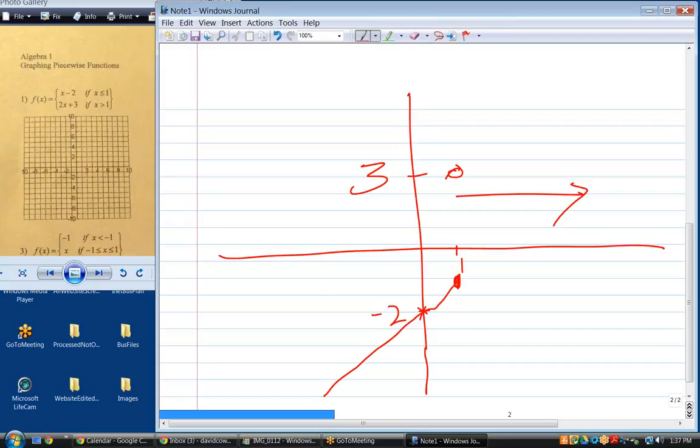And what's the slope on this line? Okay, so how do I draw my next point on that line? You go up 2 over 1. Correct? Over to the right one, yeah. In other words, I go up 2 over 1, puts it right about there. That's enough to draw the line. And that is the graph.